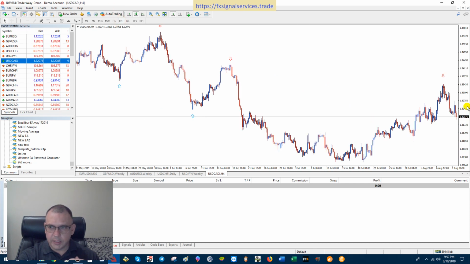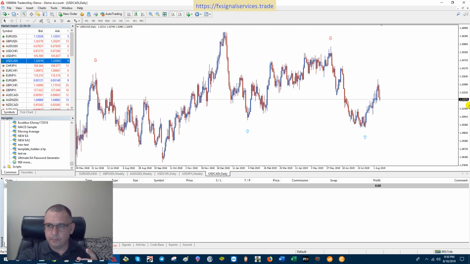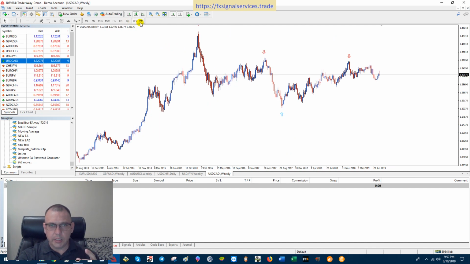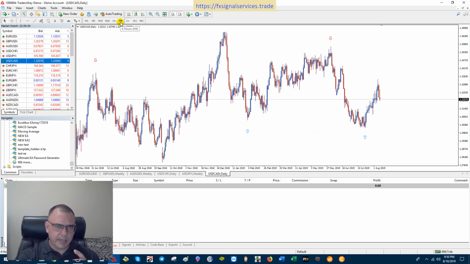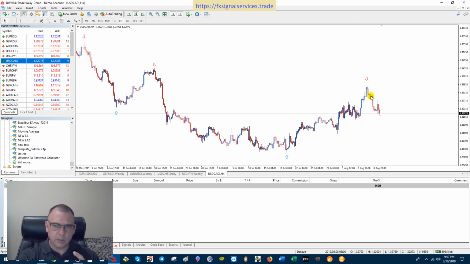And if we look at the larger time frames, we see that the U.S. dollar is definitely wanting to go down, right? The daily shows up, but the weekly and the monthly show it wants to go down. Okay, so it's kind of a mixed analysis, but overall this is definitely going to be bearish.